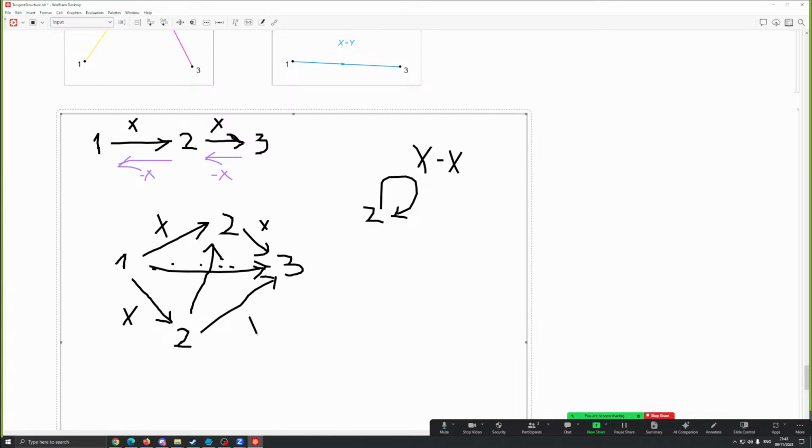I think the point I'm trying to make is what you define is not minus x, but, or maybe you do. And I think this is telling us that you should probably define minus x, as you say, just by reversing. But if you have x and y, you can define x plus y, and you can define x minus y. Those are well defined, right? Yeah, I think so.